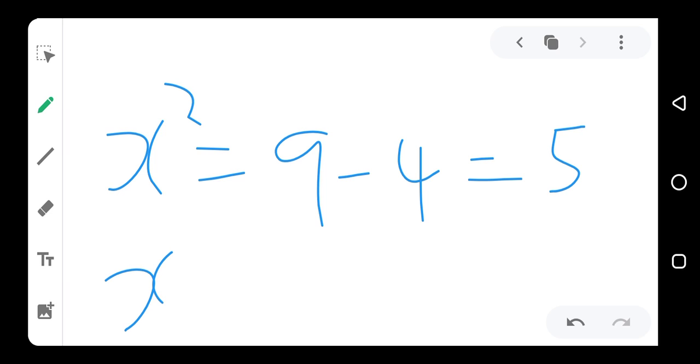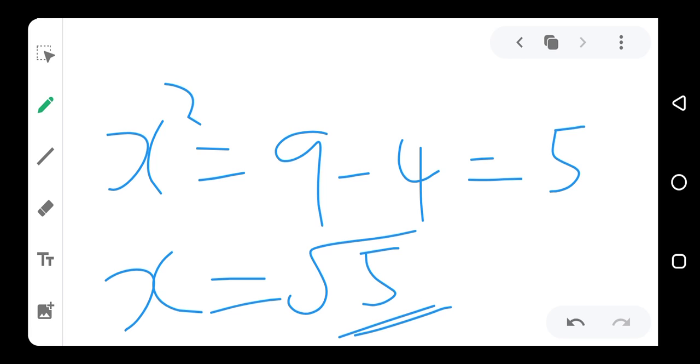Now x is equal to, we take the root of 5 to clear the power of 2 in x. So x is equal to root 5. This is the answer. Now this is a quick review on Pythagoras theorem.